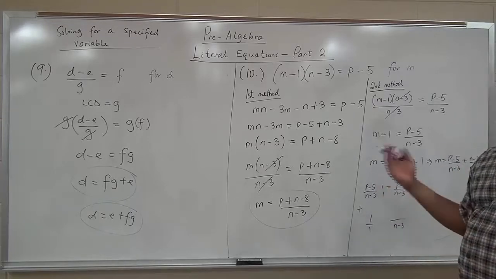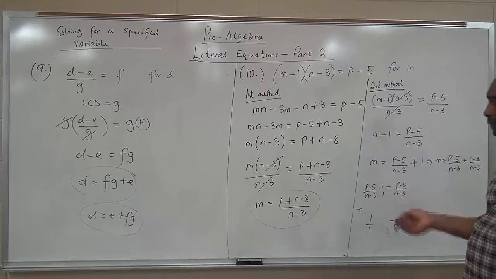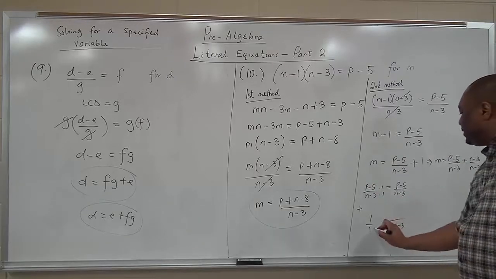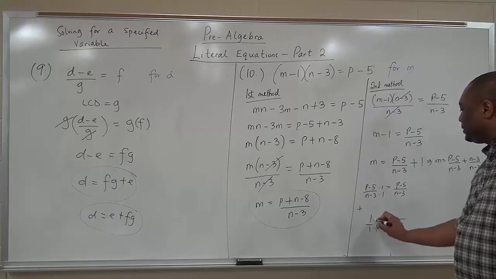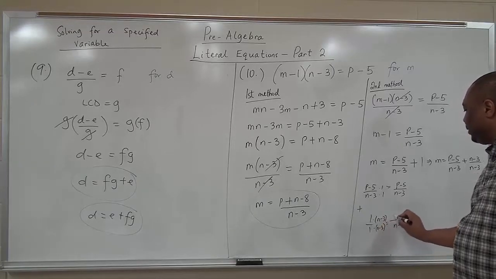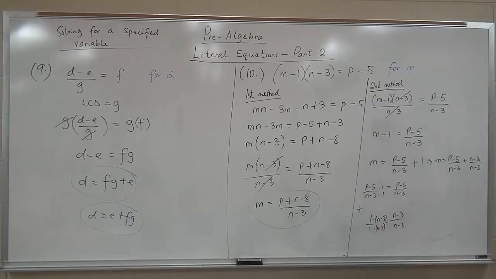And please, it's important, fractions. I did videos on fractions. This will be times n minus 3. I kind of put it in parentheses, so this will be times n minus 3. So this is n minus 3. So when you do that, you now have this. So m will be p minus 5 plus n minus 3.